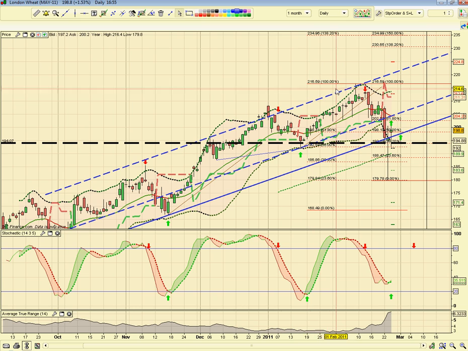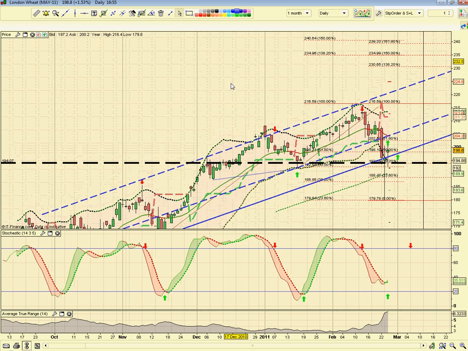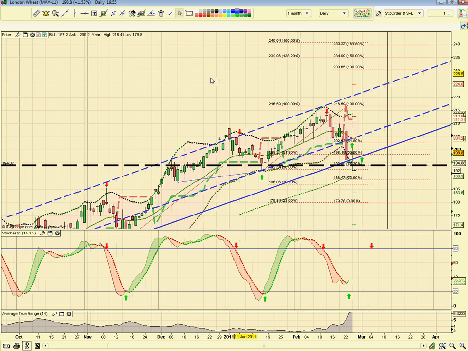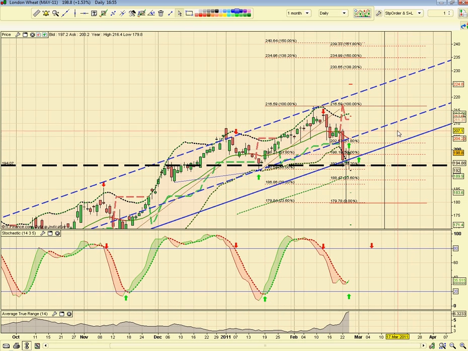Our upside targets, due to this recent fall, have changed slightly. If I just bring down, they have actually risen to 230, but due to the breach on Wednesday, our time factor has now gone through to the 1st of April.